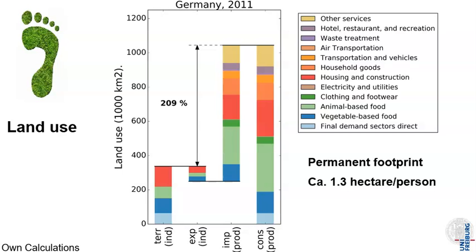Almost the entire area of the country is used somehow in a productive manner, but we see that on the right side, the land footprint of the country is much, much larger because we have a lot of land that is embodied in imports, as the jargon says, and that means to import the goods and commodity that we need here, a lot of land is used for their production.